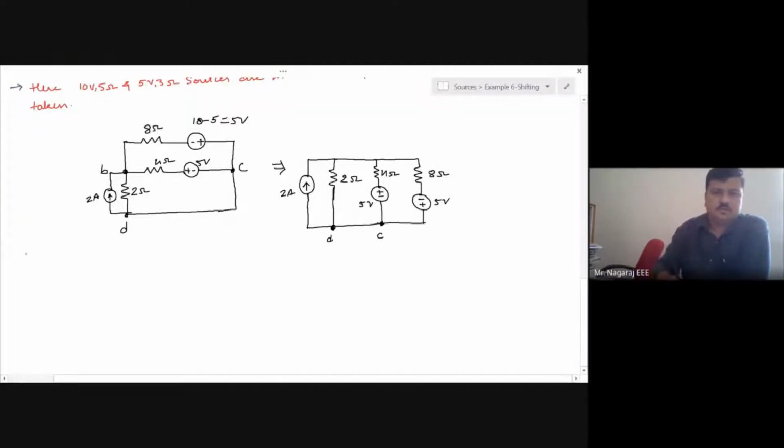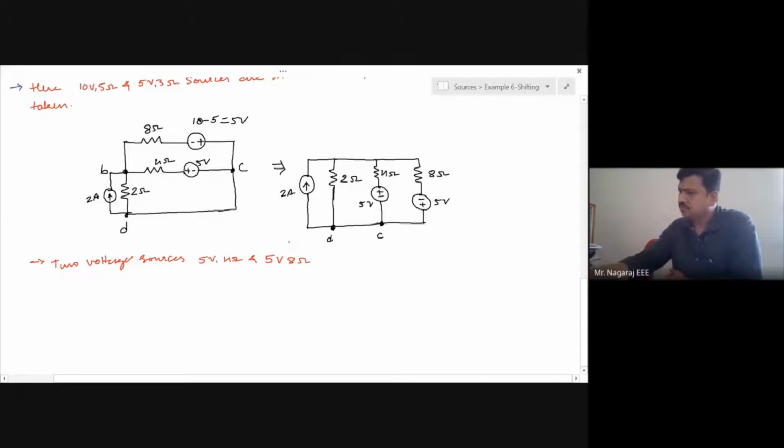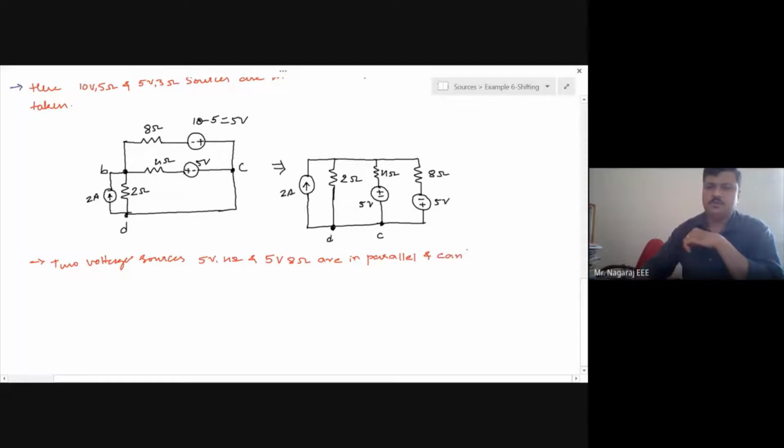Okay. You can write a comment. Two voltage sources, 5 volt, 4 ohm and 5 volt, 8 ohm, are in parallel and can be transformed to current sources.